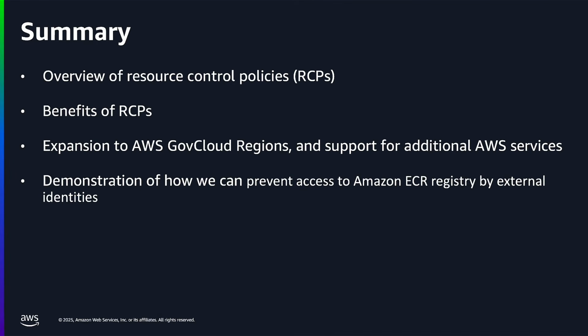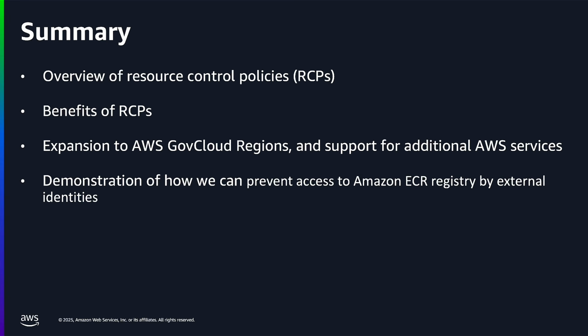Let's summarize what we learned from this video. I gave you an overview of RCPs and walked you through the benefits of using RCPs in your AWS organization. Then, I went over two major updates: expansion to AWS GovCloud regions and support for additional AWS services.